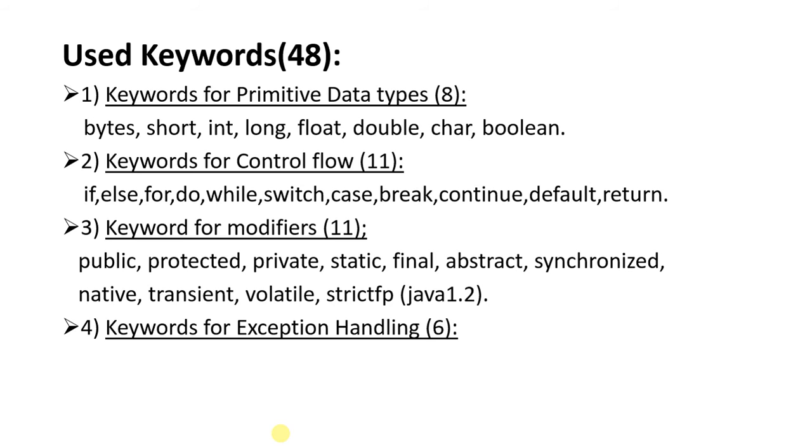If you know such basic things, then you can easily remember which keyword belongs to which category, and you will have more clarity about keywords. I made this video only for which keywords belong to which category, so you can easily remember them. Next, keywords for exception handling: try, catch, throw, throws, finally, and assert.